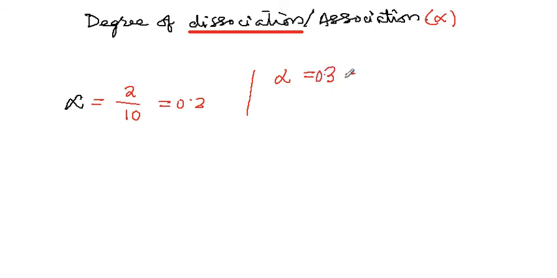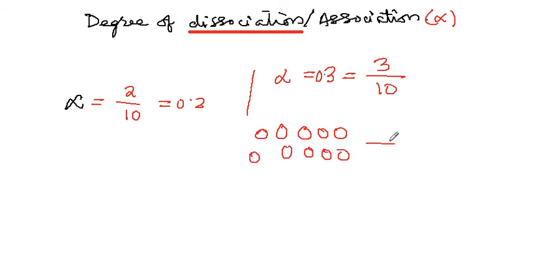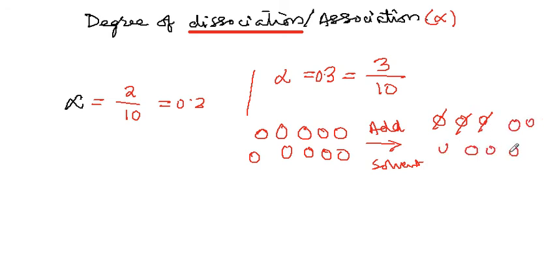In that case, what would it mean? It would mean that out of the 10 molecules that we have taken, 3 have been broken apart. So let's say we had 10 molecules, and after adding them in a solvent to prepare the solution, what has happened? 3 of them have broken apart, but the rest 7 of them didn't break.